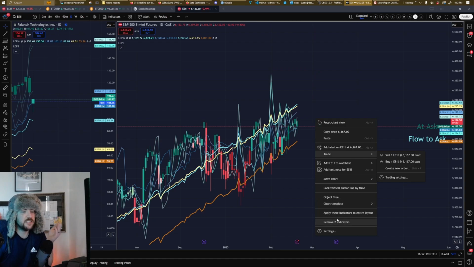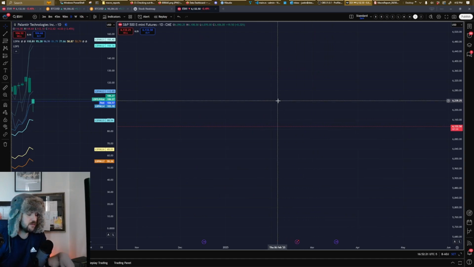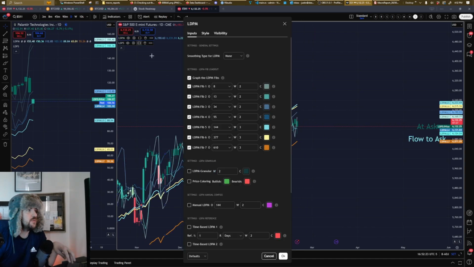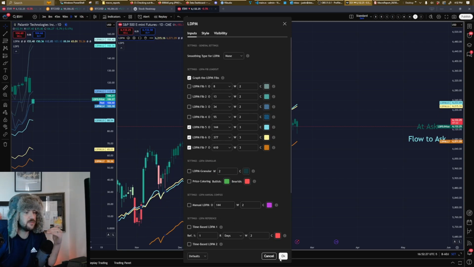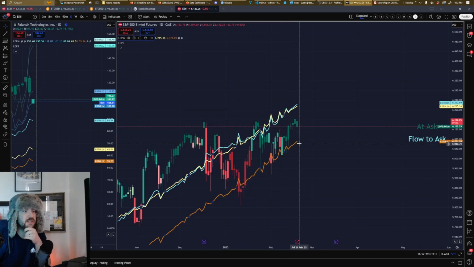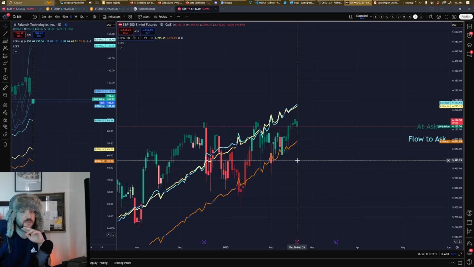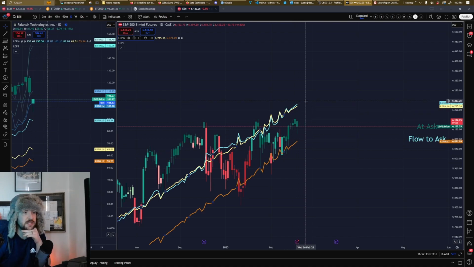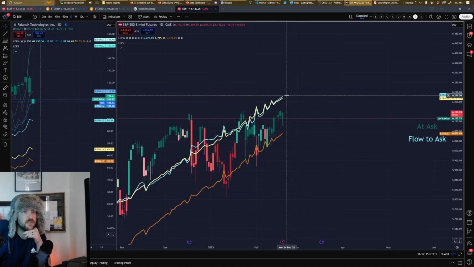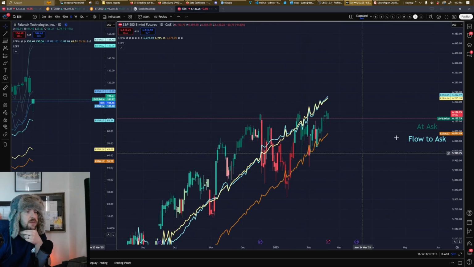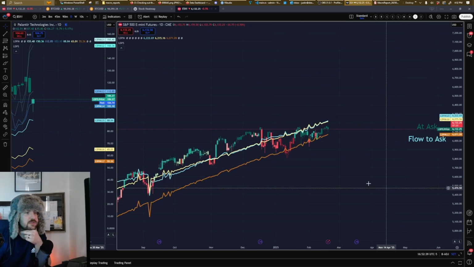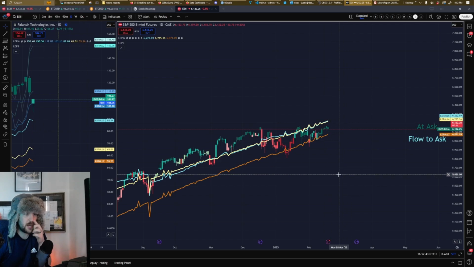The benefit in this configuration, though, is that LDPM is now acting as a nice homemade range, so if the price falls down to LDPM 7, we can expect it's probably going to start bouncing back up to LDPM 5 and 6. But we can even see that it didn't really encroach on the higher order LDPMs.